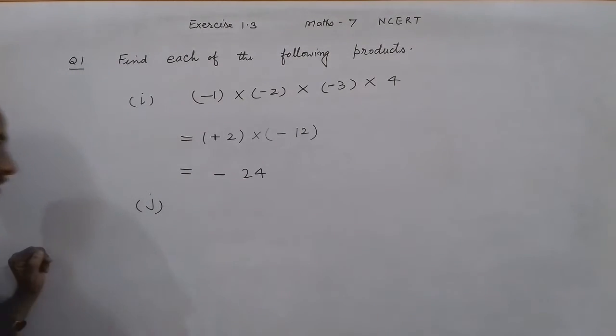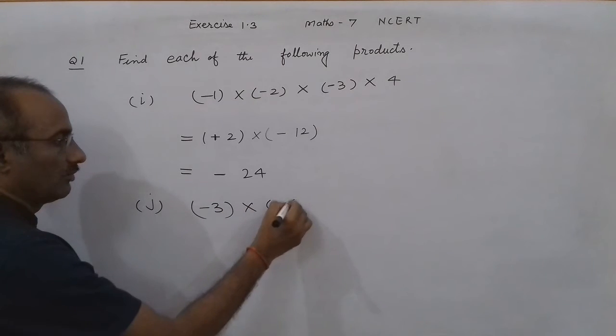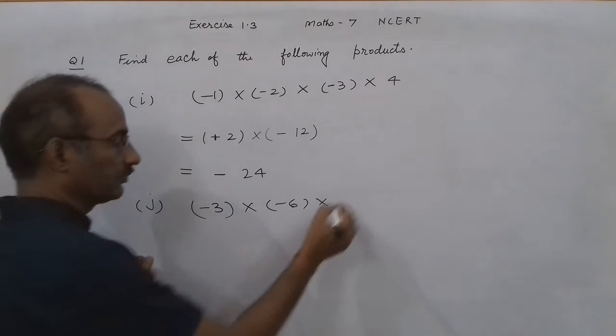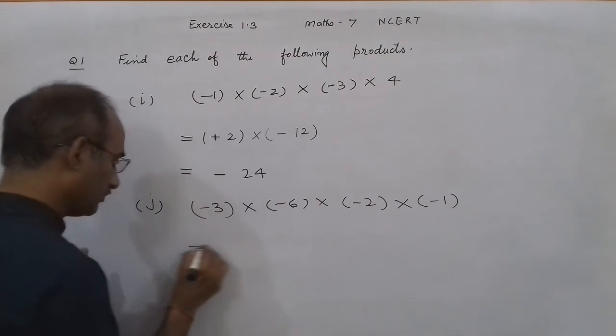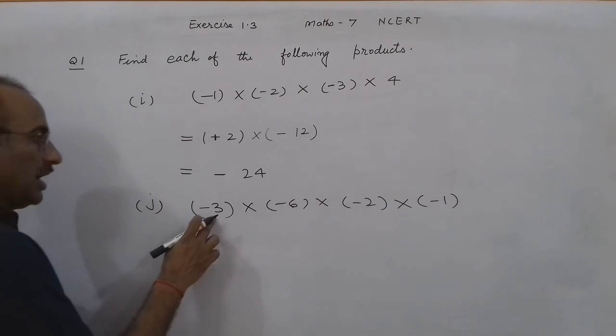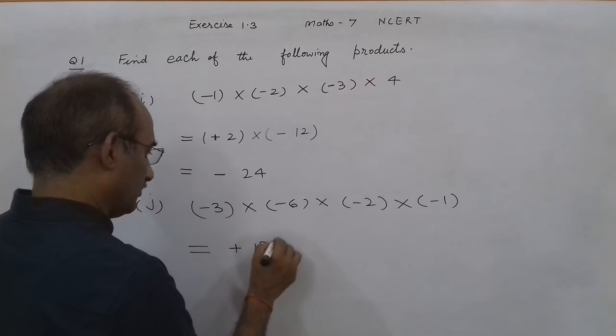The next question is -3 multiplied with -6 multiplied with -2 multiplied with -1. If we multiply -3 with -6, then we get +18.